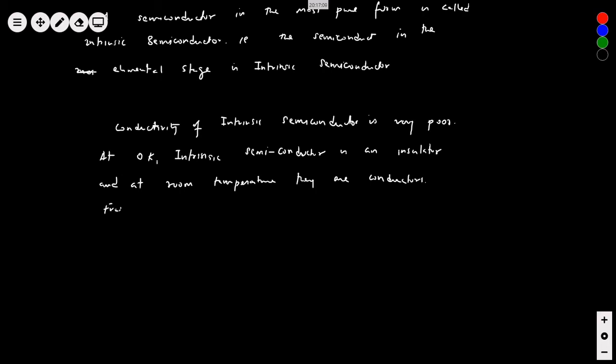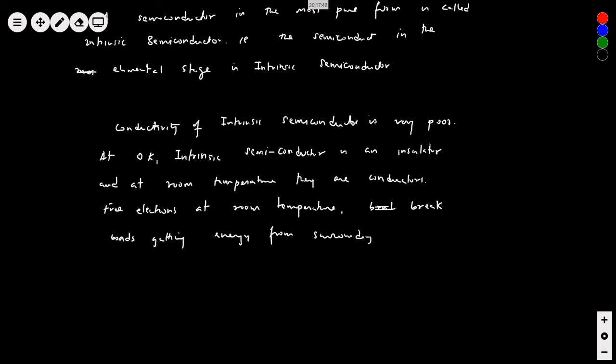Free electrons at room temperature break covalent bonds, getting energy from the surrounding temperature, and jump to the conduction band.